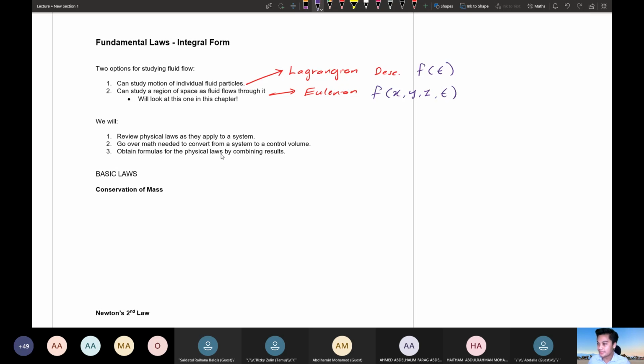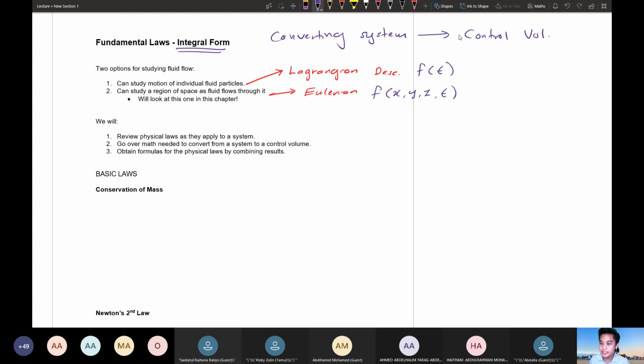So basically, this chapter involves converting from the system into the control volume. How do we convert from the system into the control volume? We're going to use the integral form.